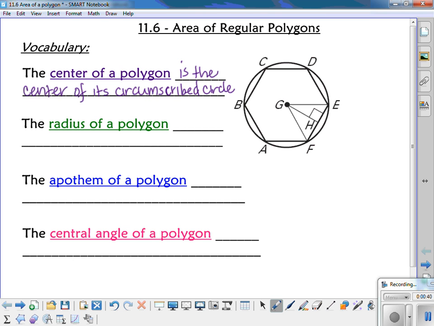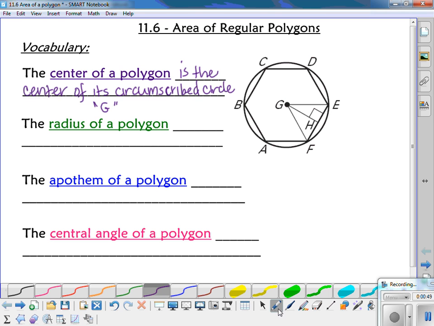So in this case, the point G would be the center of the polygon as well as the center of the circle. The radius of the polygon is the same as the radius of its circumscribed circle.